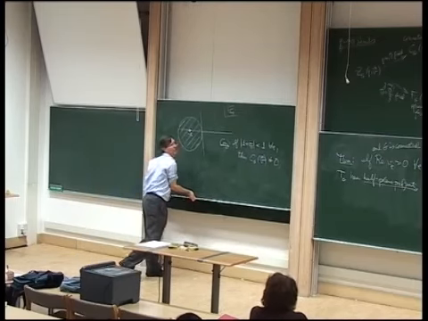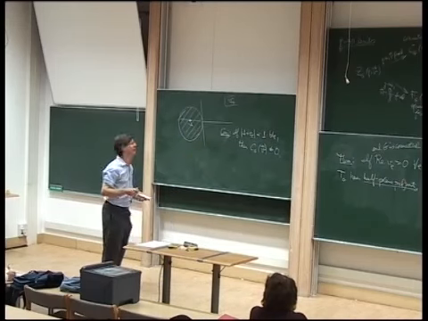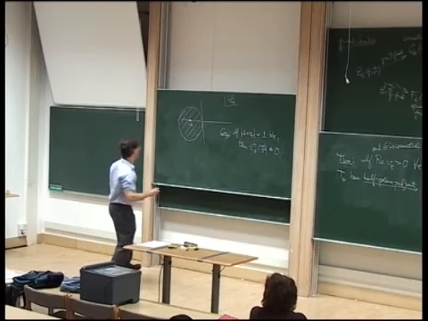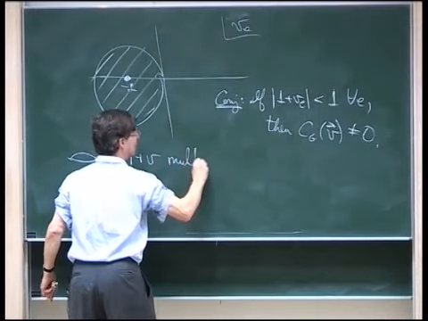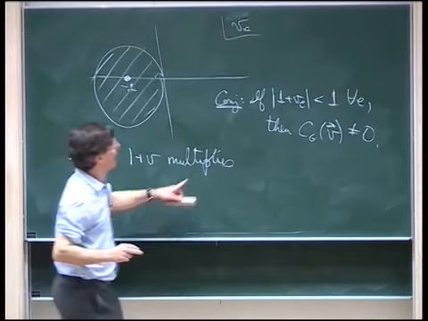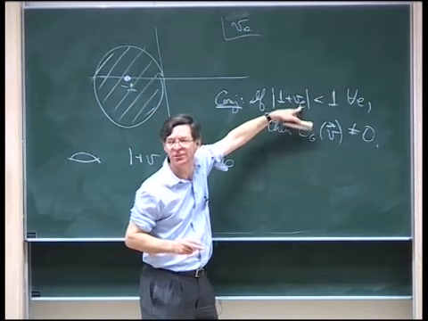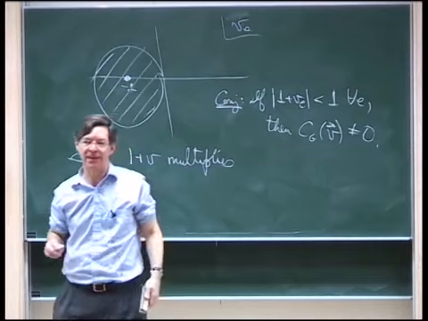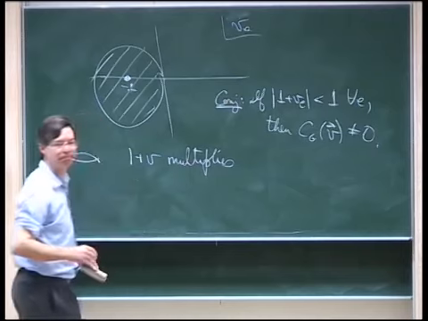Now just do series and parallel reduction using the series and parallel laws that I erased on the other blackboard. Parallel, if you remember, was 1 plus v multiplies. So if 1 plus v1 and 1 plus v2 are complex numbers of magnitude less than 1, then so is their product. So parallel reduction is trivial on this region.